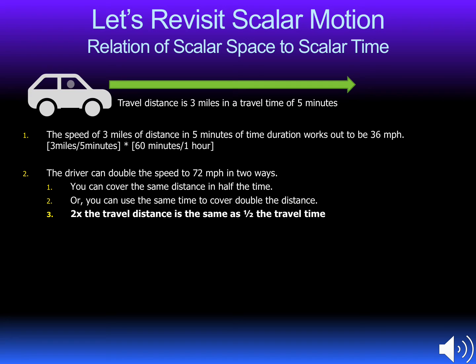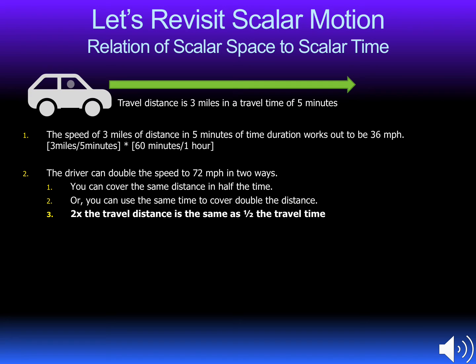Now, what happens if the driver decides to go up to 72 miles an hour? They can do that in two ways. Either they can cover 6 miles in the same 5 minutes, or they can cover the same 3 miles in 2.5 minutes.